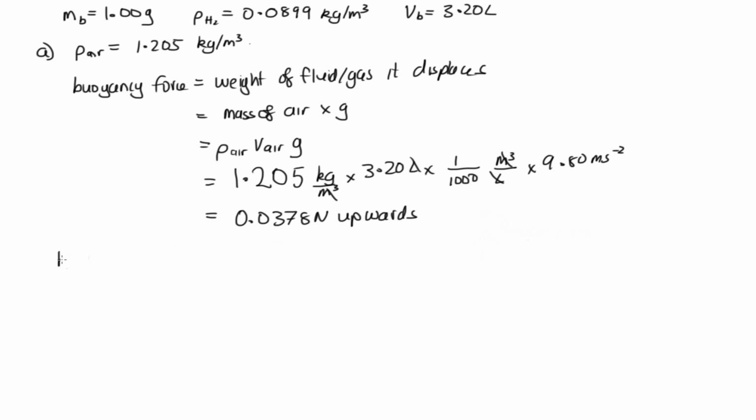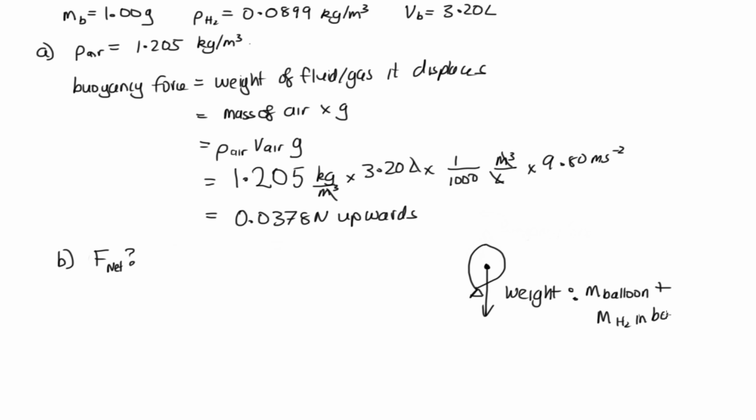Okay, now in part B, we're asked what's the net force. So to do this, let's start by drawing a diagram. We've got a couple of forces acting on our balloon. We've got a weight force pulling it downwards, and that's going to come from the mass of the balloon itself, this rubber making up the balloon, plus it's also going to come from the mass of the H2 in the balloon.